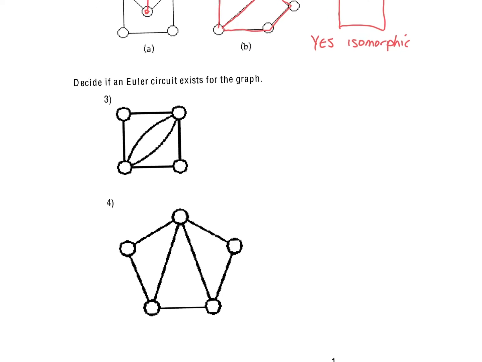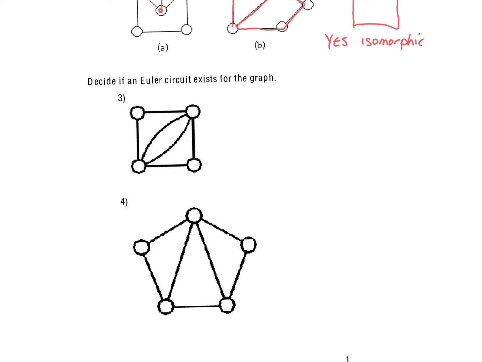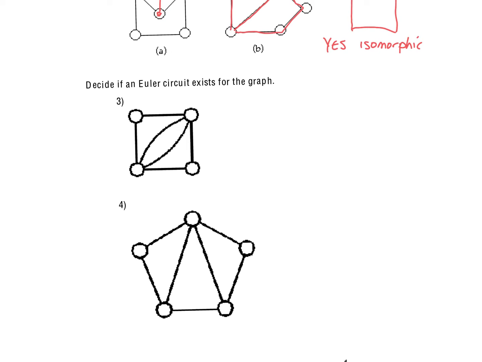Decide if a Euler circuit exists for the graph. To do this, we will count the degree of each of these vertices. So for this vertex here, it has two edges coming from it, so it has degree 2. This vertex has degree 4, degree 2, and degree 4.